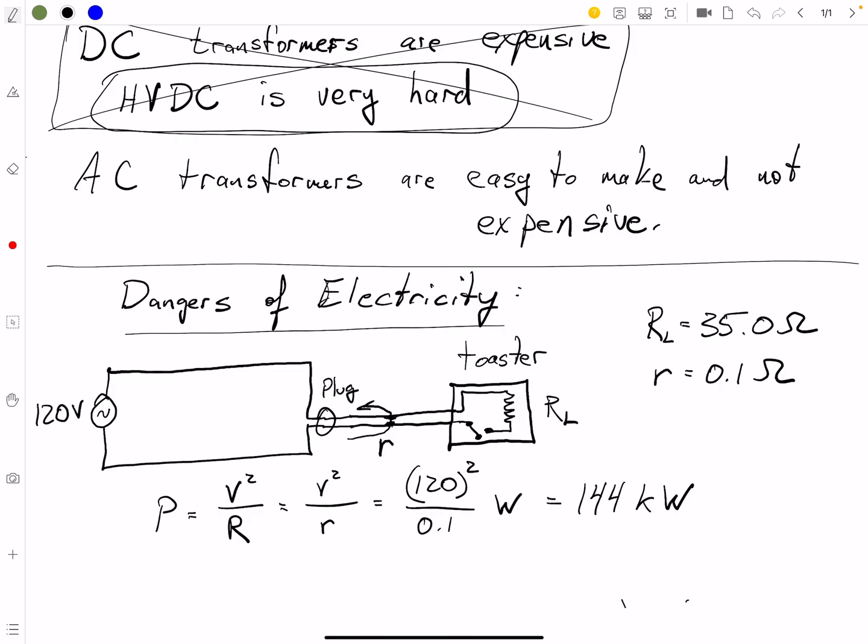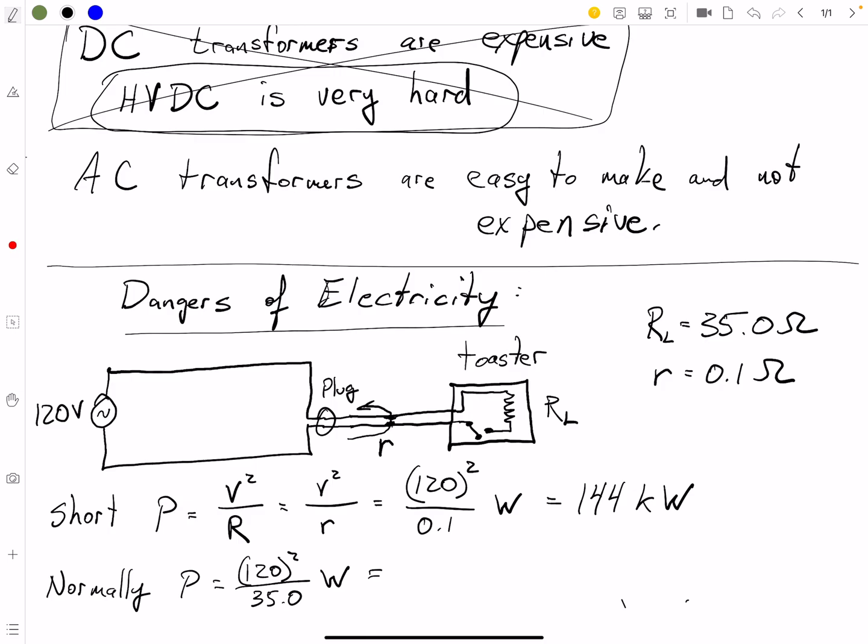All right. Now, if we look at what it should be, this is the short. And what it should be normally is our power is 120 squared divided by 35 watts.